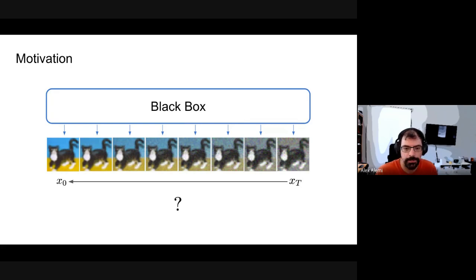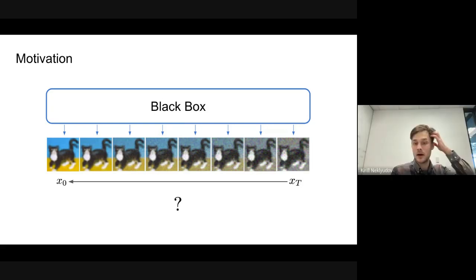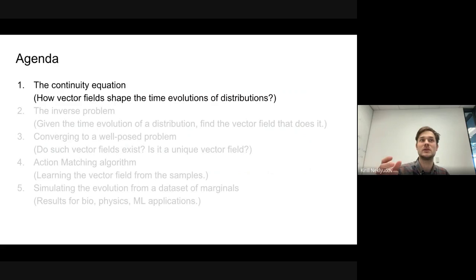Thank you. We basically answer this question with our algorithm that we call action matching. Before getting to the algorithm, I would like to discuss some smaller problems and derive some simple equations on the way. We'll start with the continuity equation, which describes how vector fields shape the change of distributions.